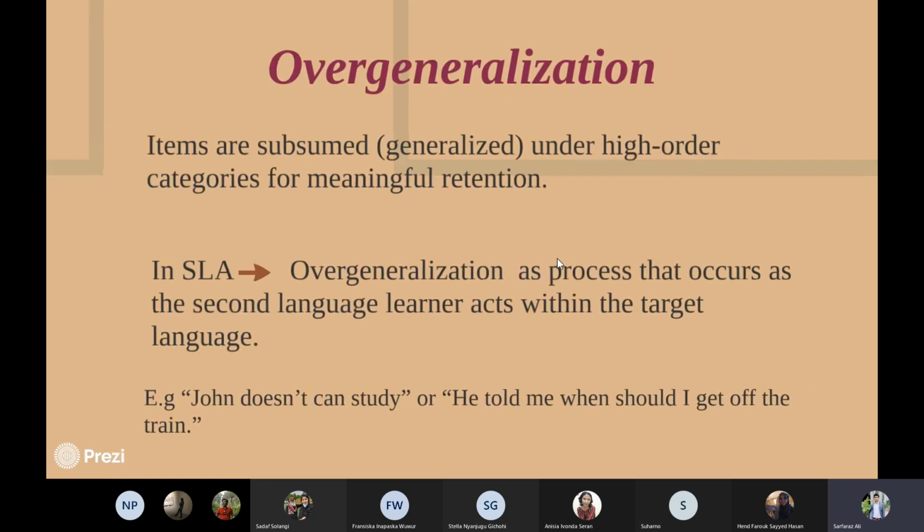And last but not least was overgeneralization. In it, the items are subsumed, generalized under higher order categories for meaningful retention. In second language acquisition, overgeneralization is the process that occurs within the target language.